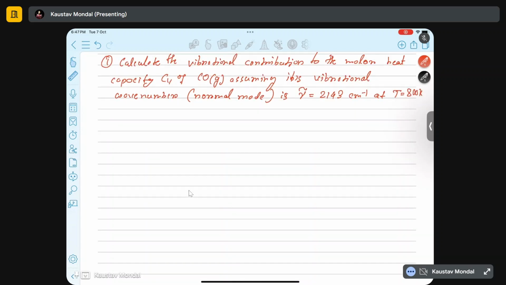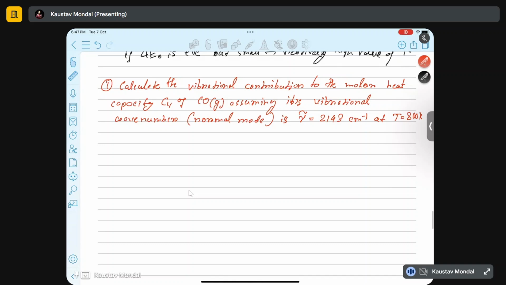So for carbon monoxide gas we have to calculate the vibrational contribution to the specific heat. Two things are given. There is only a single vibrational mode, the nu tilde, and since that vibrational mode's wave number is given as 2143 centimeter inverse, and the temperature of the experiment is given as 800 Kelvin.